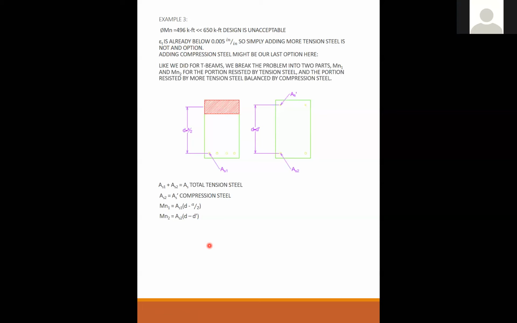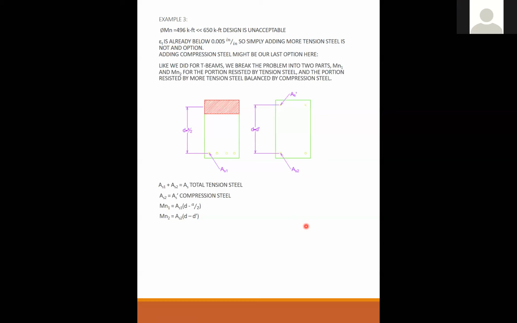They balance each other. See, a remains constant if As1 remains constant. So if you add some steel up here, then you can add some steel down here, and these two balance each other without changing this. Okay, it makes sense now.